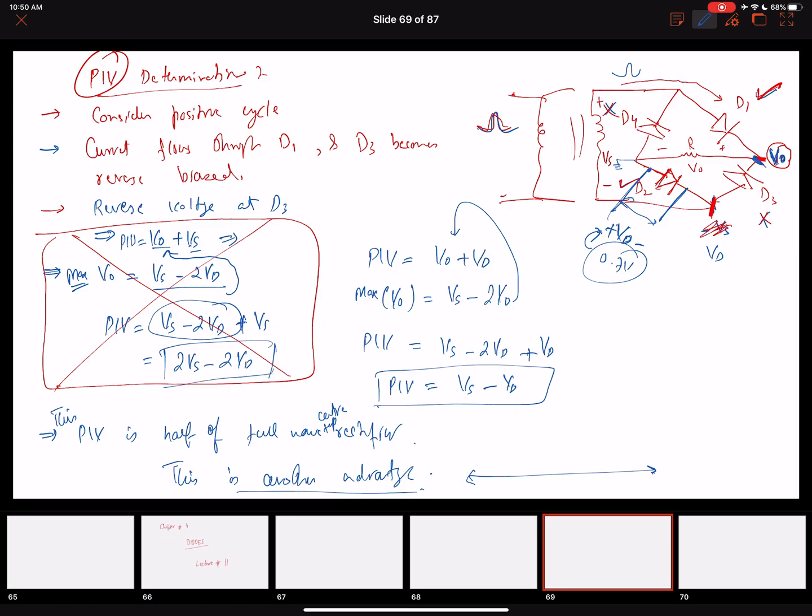If we consider this loop, the maximum reverse voltage is going to be V naught plus VD. And we can find the maximum value of V naught that can appear, which is this.